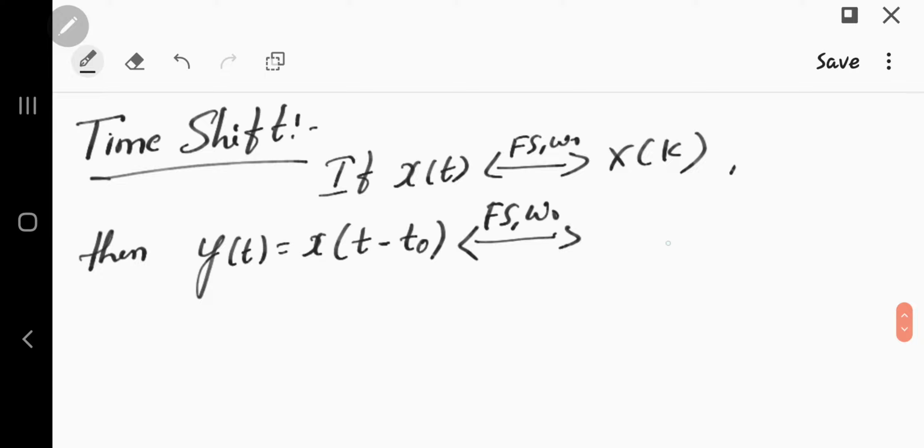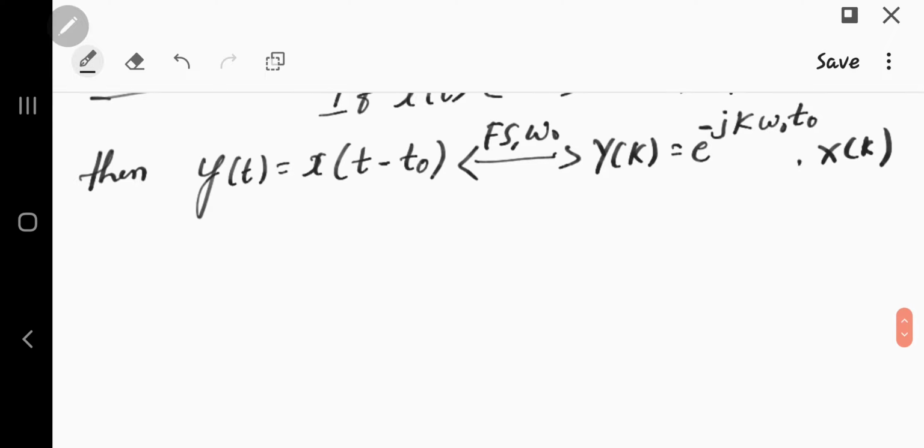So it is given by y of k is equal to e power minus j k omega naught t naught into x of k. Okay. Now this is the statement, and let's take the proof for this one.